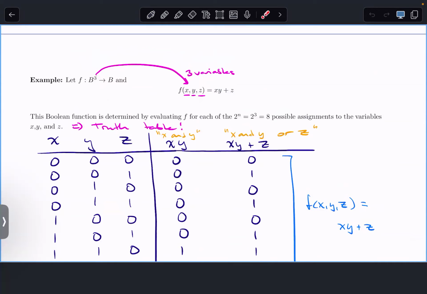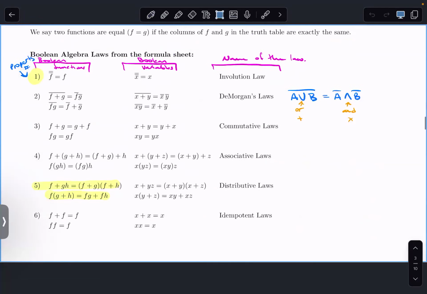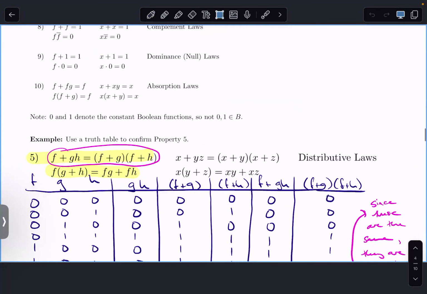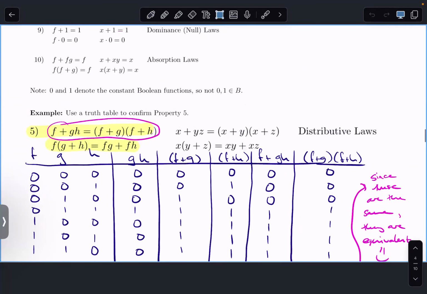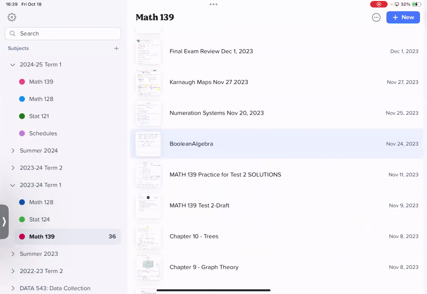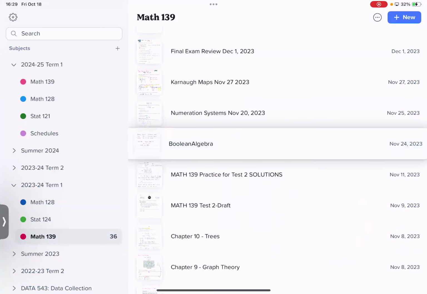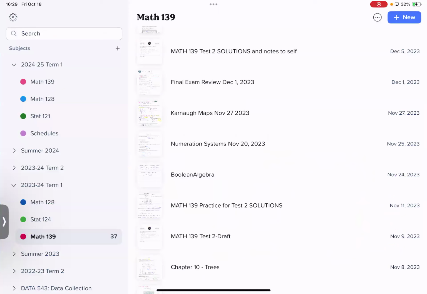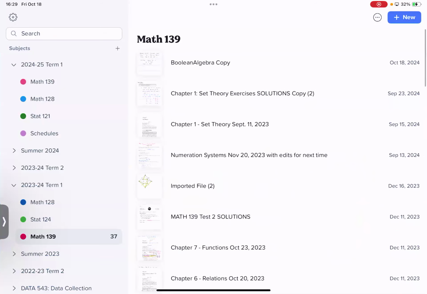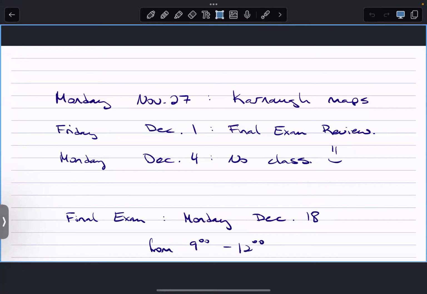If we have some function, let's see here. This one's kind of messy. I want to copy it and steal it in. There. Okay.